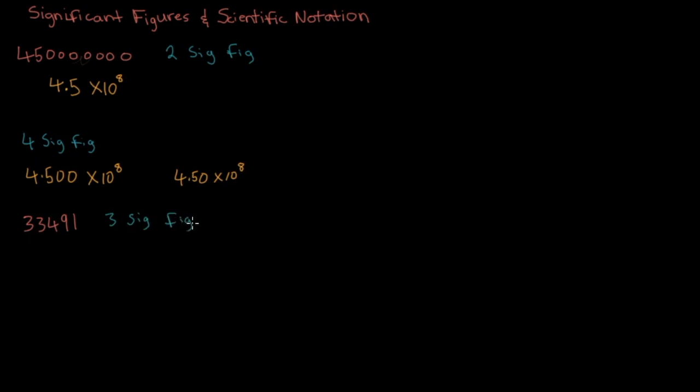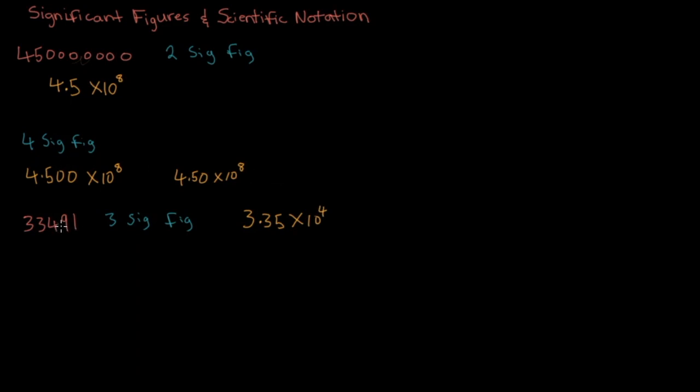How would we do that? Well, again, the process is exactly the same. We would write the first 3 digits, putting a decimal after the first number. So it would be 3.35, times 10 to the, so we'll start where the decimal is, 1, 2, 3, 4. So times 10 to the 4, like so.